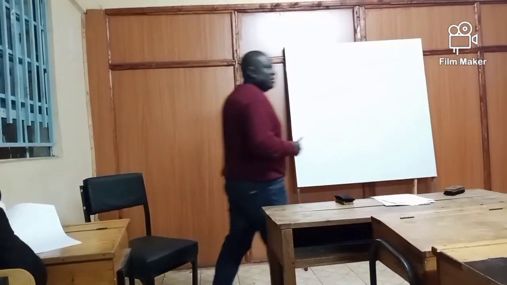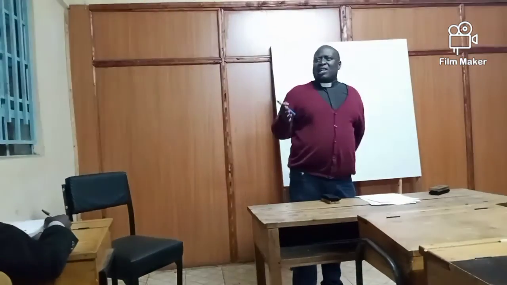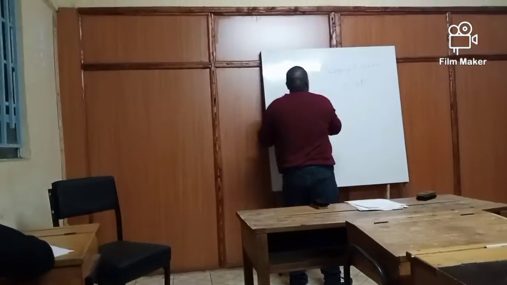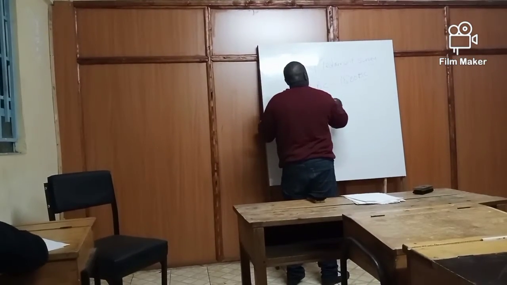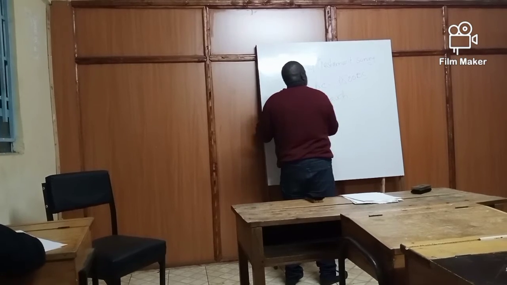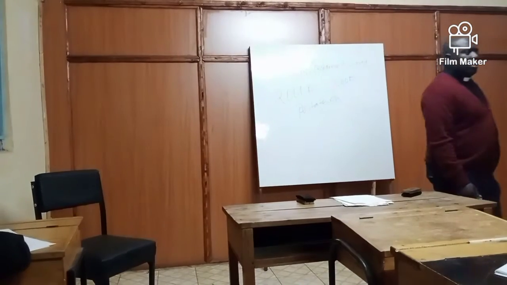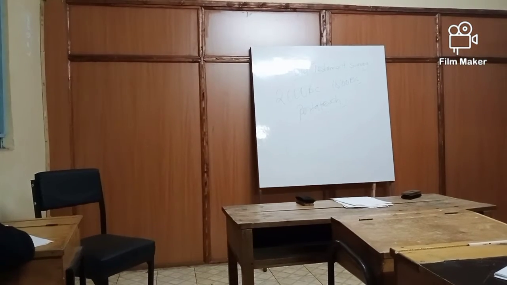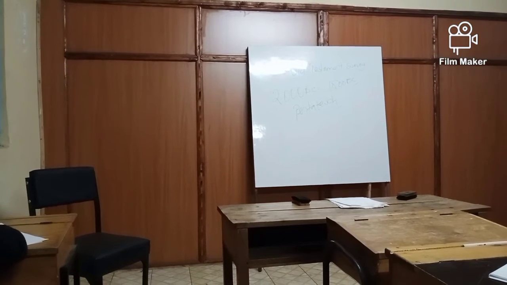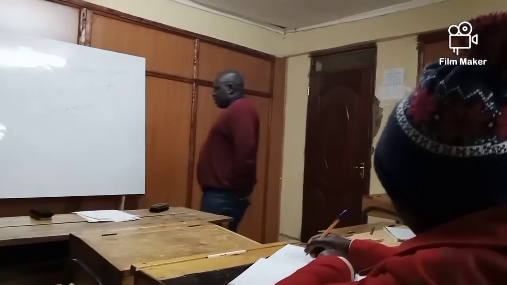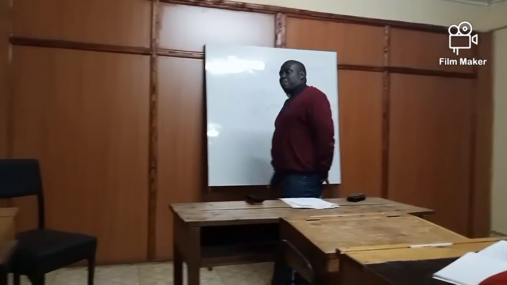The first 5 books of the Old Testament are known as the Pentateuch, from the word penta, which means 5. They are also called the Torah, the Decalogue, or the Law books. These books are Genesis, Exodus, Leviticus, Numbers, and Deuteronomy.